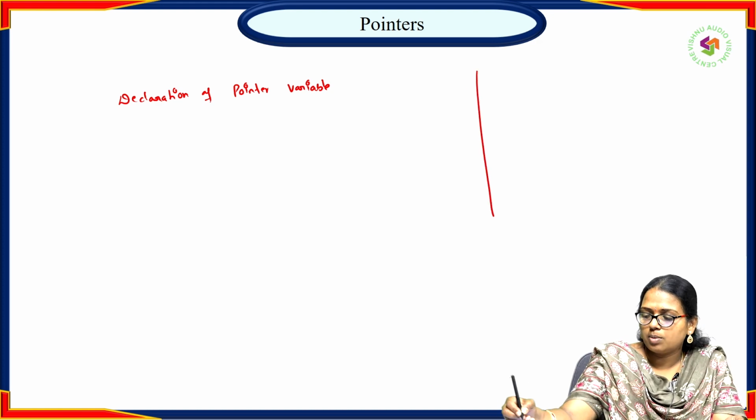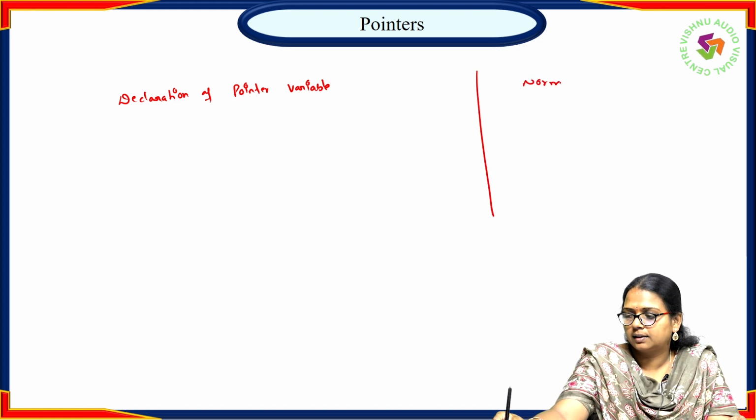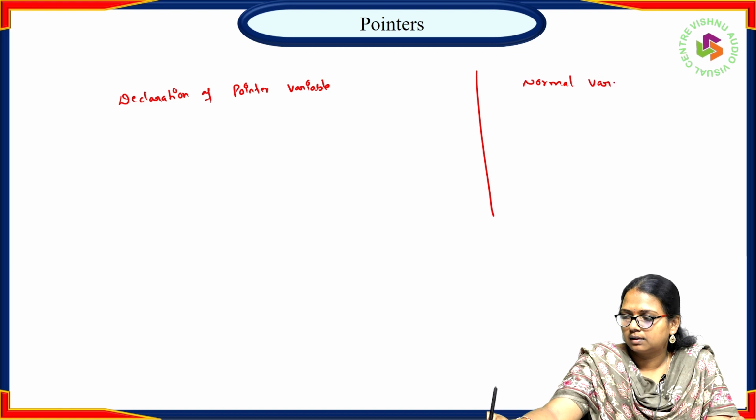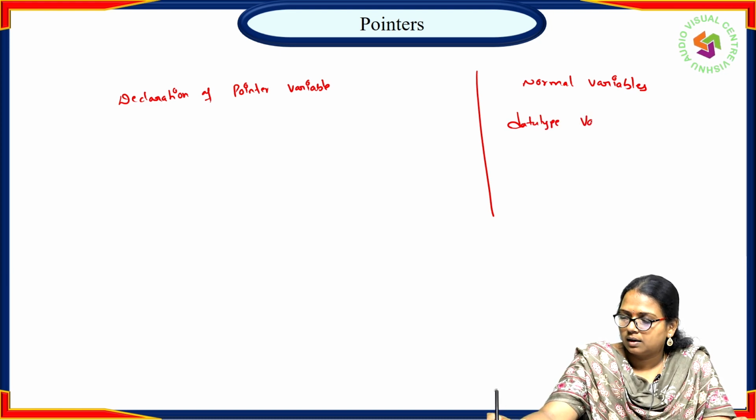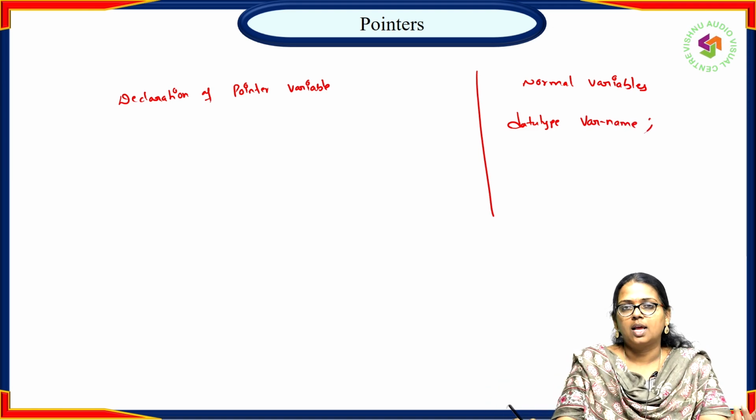See how normal variables are declared. Normal variables are declared as data type, variable name, semicolon.